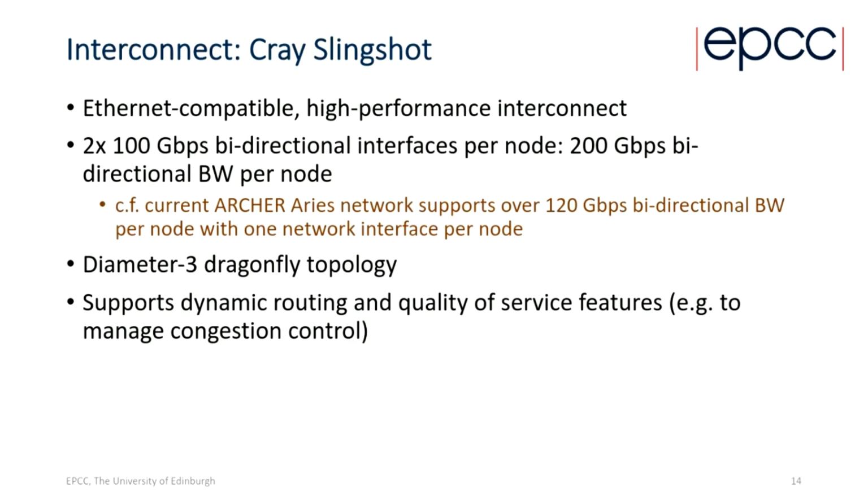But this difference about how it's connected, and how aware the interconnect is of which socket different, say, MPI ranks are running on, are open questions at the moment, and might change the characteristics of how the interconnect behaves and how that affects the balance of compute power to interconnect power to memory bandwidth. So this is the bit of the system I think we know least about at the moment: how Slingshot is going to work.